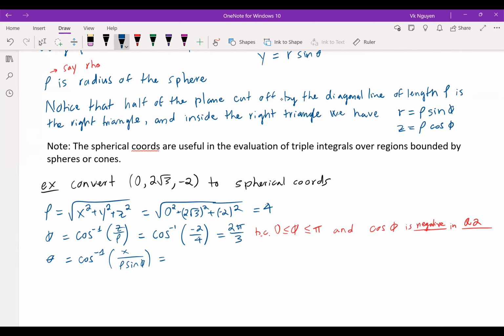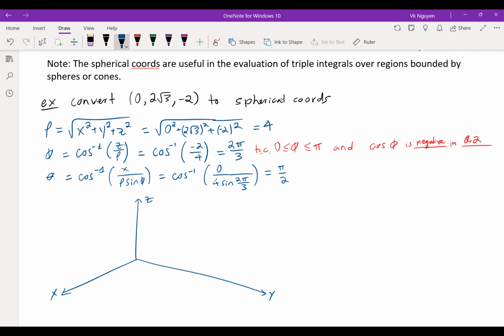Oh my God, look at the conversion. Oh, fortunately, x is 0. Well, it's pi over 2.